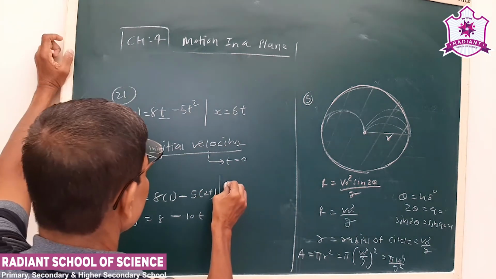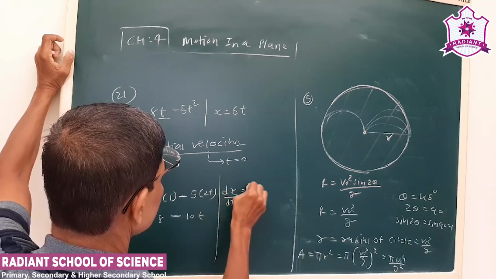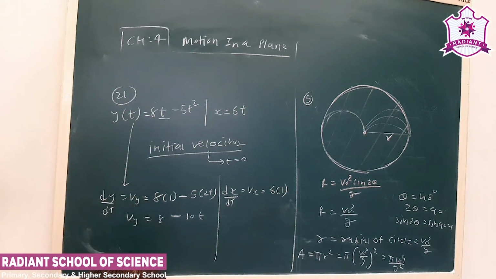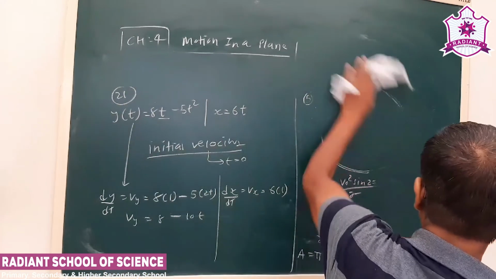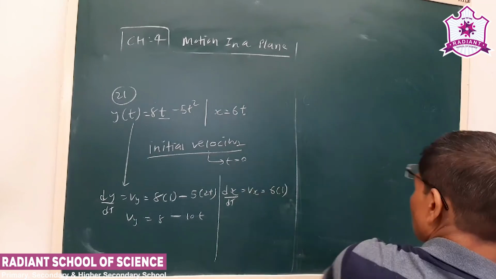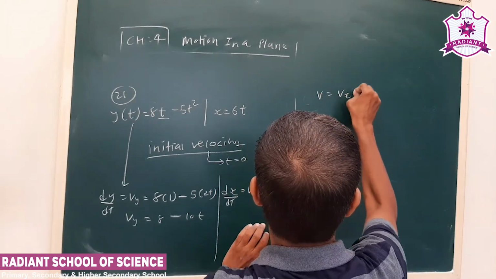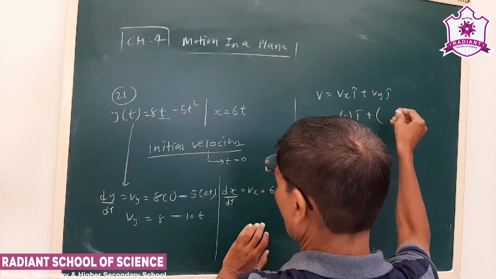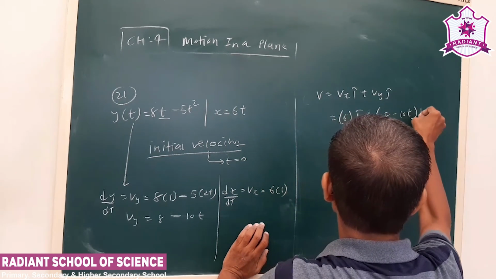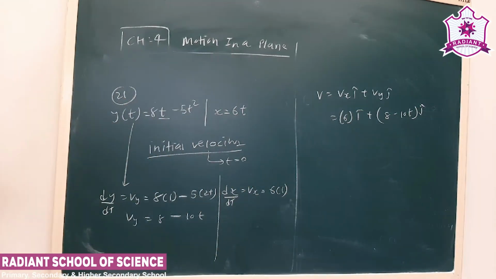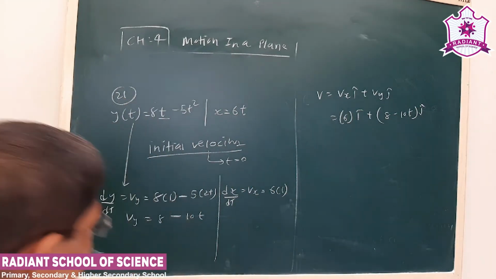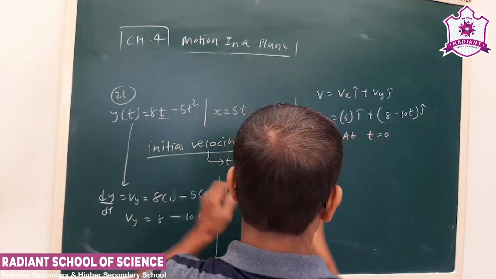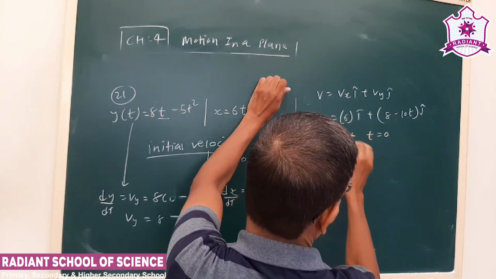And dx by dt: 6 is constant, the derivative of t is 1. Now we can write the equation of velocity. We are asked the initial velocity, that is at time t equal to 0. See, here there is no term with t.